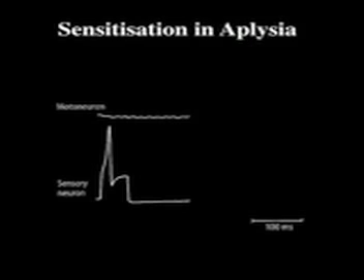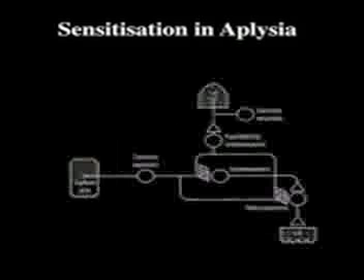If we look at the reverse, sensitization, we can also see that that happens for a period of time. So what we've got is sensory neurons in the skin, on the siphon, and in the tail, which are feeding into facilitatory interneurons, which are feeding out to those motor neurons which are causing the gill to contract.